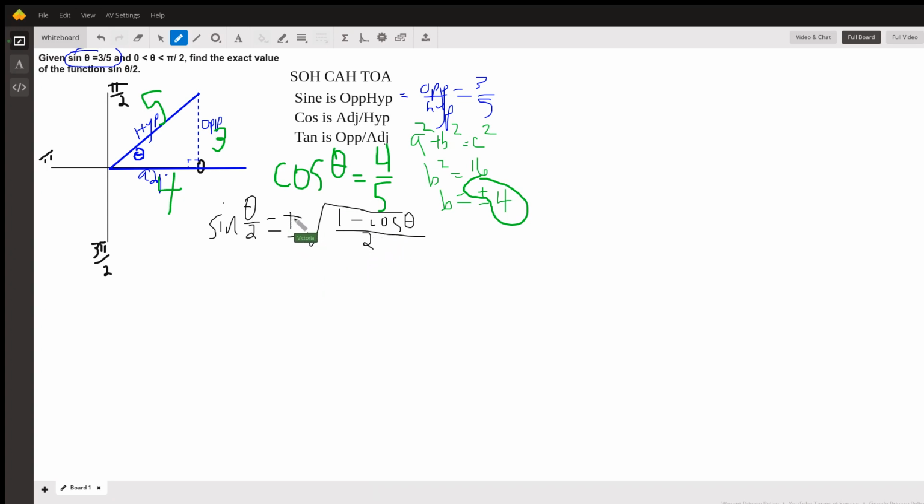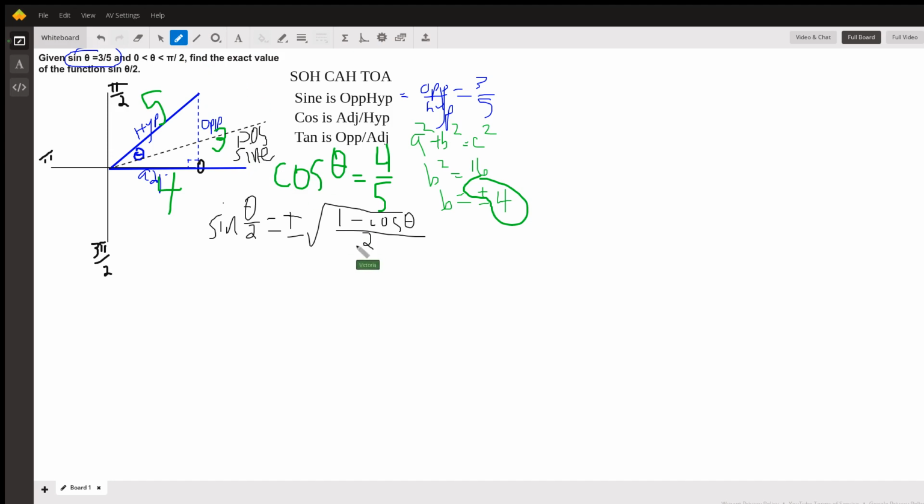So if you think about this, if you were going to cut theta in half, it would be like here. And this has a positive sign because it's above the x-axis. So this has a positive sign. And so we are going to use the plus sign here.